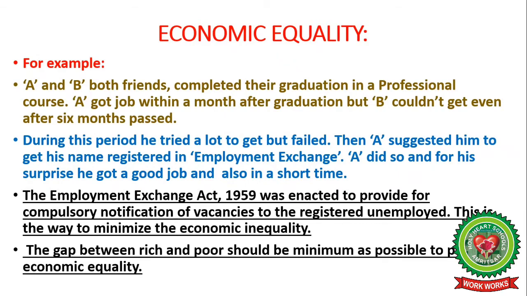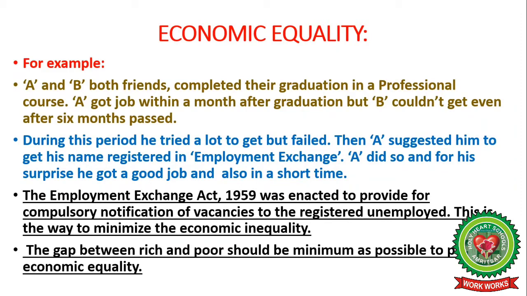This is the way to minimize the economic inequality. You got it? This is the way to minimize the gap in economic inequality. How? Because the unemployed will get the notification and they will get the job. Obviously, the inequality will finish.